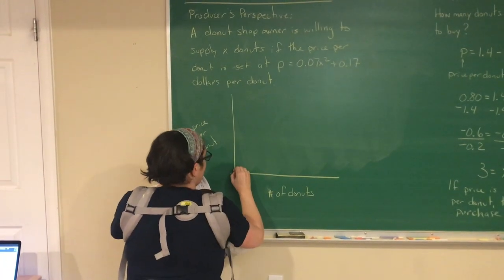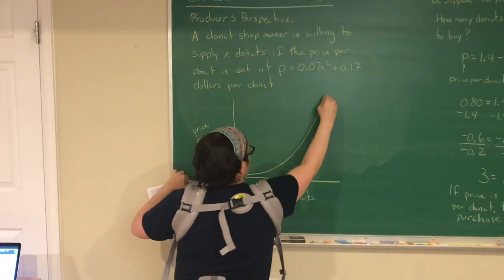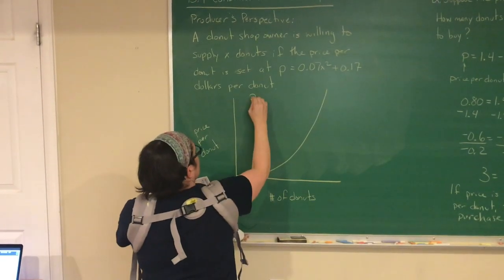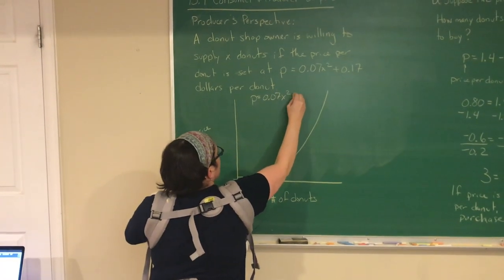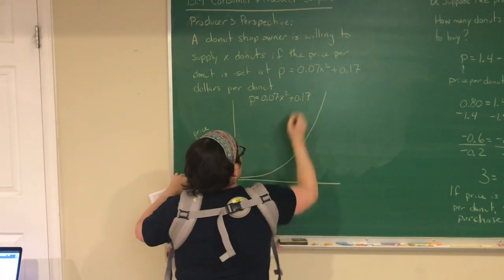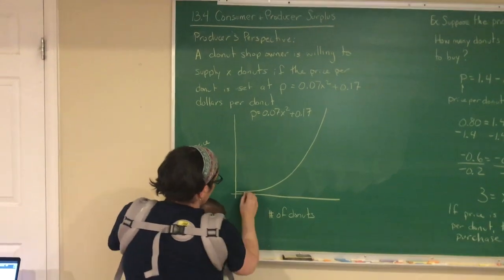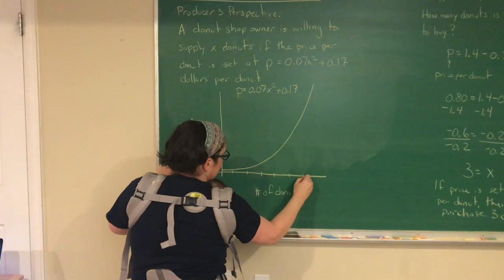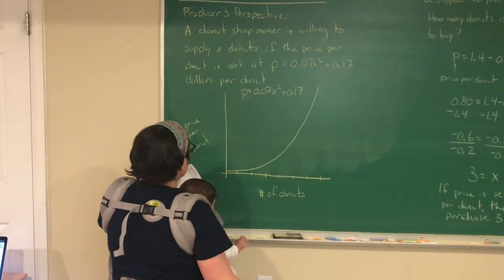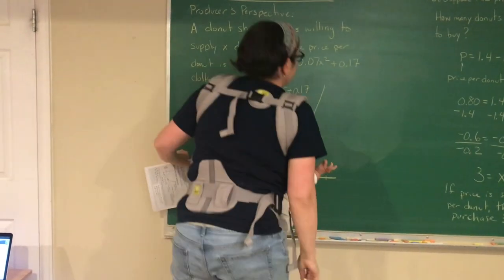And the curve that we have looks something like this. And this is P equals 0.07 x squared plus 0.17. And along the x-axis, we have some marks, 1, 2, 3, 4, 5, 6, 7, etc. On the y-axis is our price per donut. Okay.